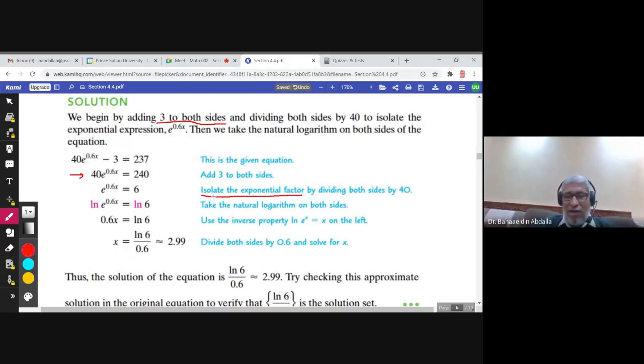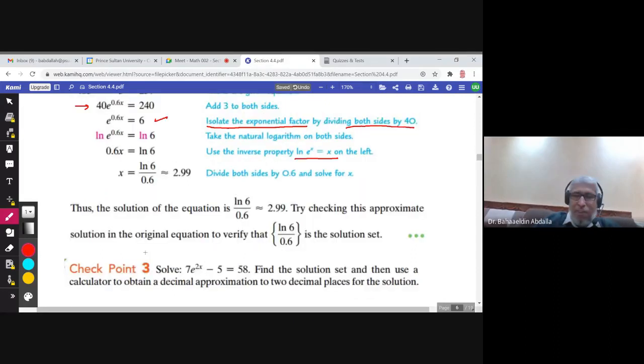So we divide both sides by 40. We get e to the power 0.6x equals 6. Now we are ready to apply ln to both sides. Remember, ln e to the power x equals x. They cancel each other. So 0.6x would be ln 6 and x would be ln 6 over 0.6.